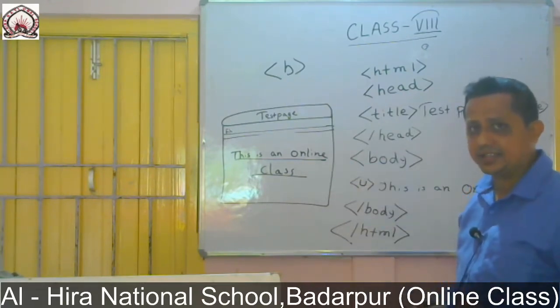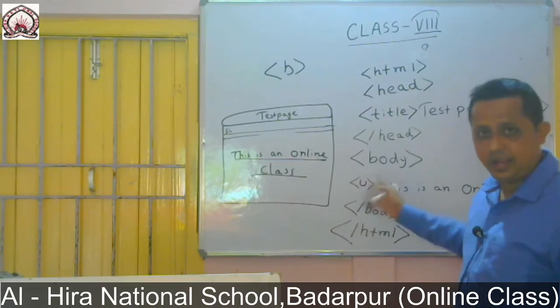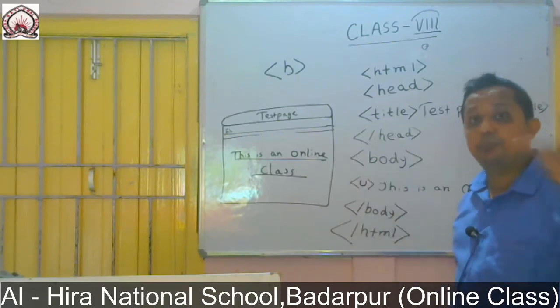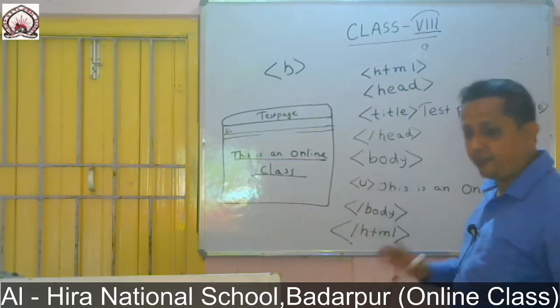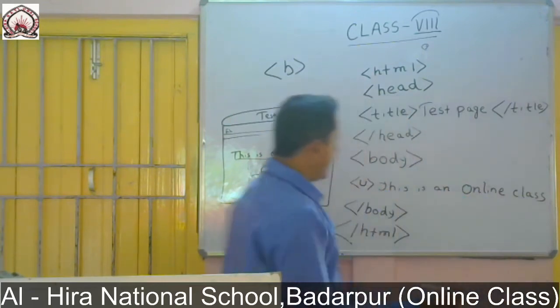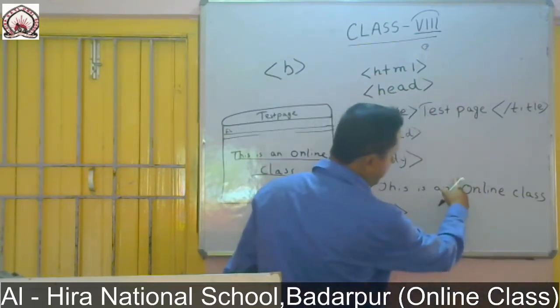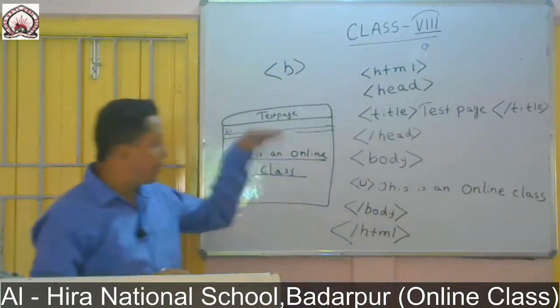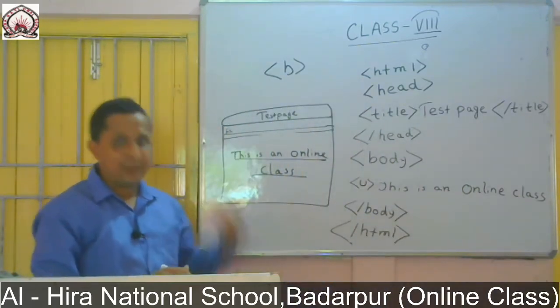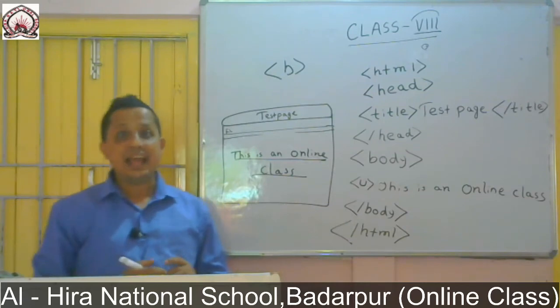I hope you understand why I have given B, I, U. Another tag I can use is P, which means paragraph. For example, another tag is BR. What will happen? The line will break. So these all are tags.